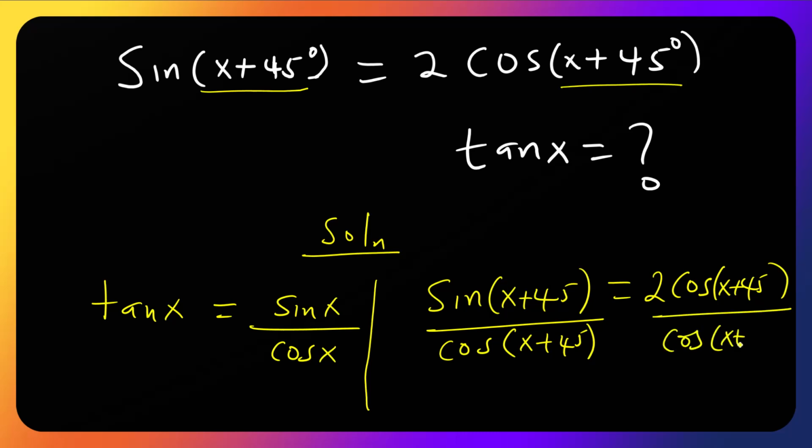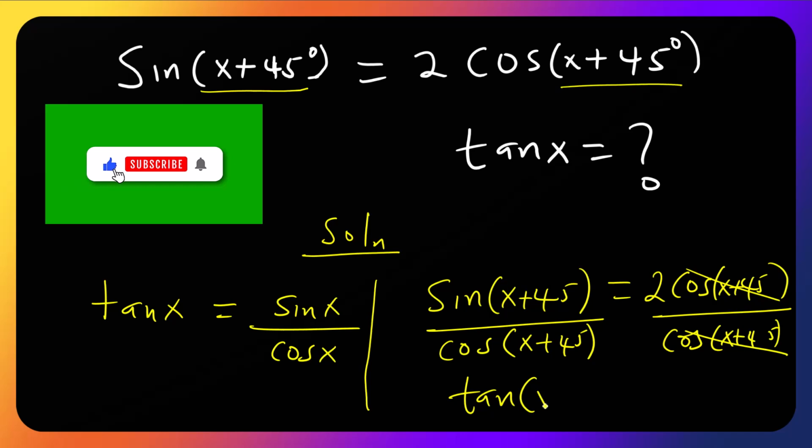So this side will go, and sine over cos is tan. So that will be tan(x + 45) equals 2.